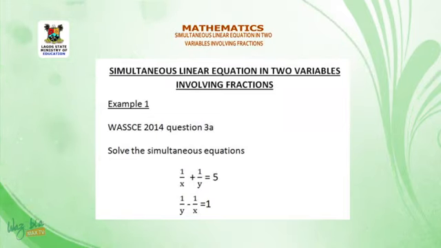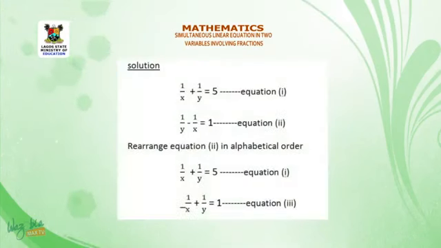Solve the simultaneous equations 1 over x plus 1 over y is equal to 5, 1 over y minus 1 over x is equal to 1. Solution. 1 over x plus 1 over y is equal to 5, equation 1. 1 over y minus 1 over x is equal to 1, equation 2.